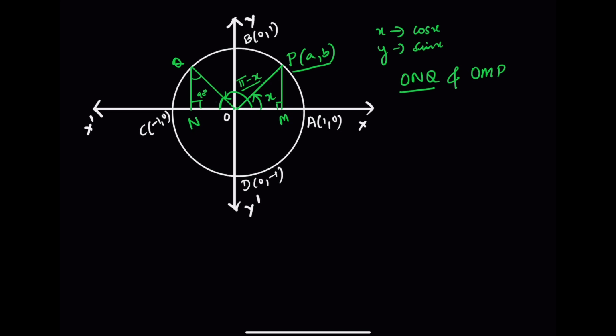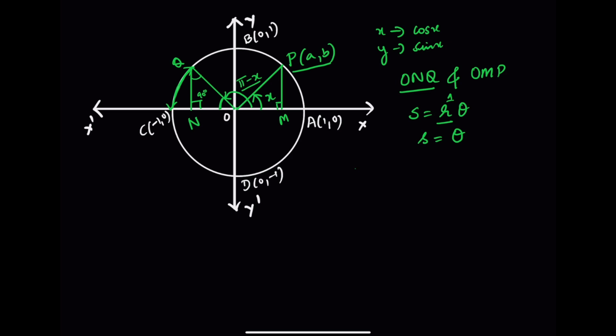So let's start with the angle formed at O. If we find the length of the arc QC, that itself is the angle formed at the center, because this is a unit circle, and by the formula s equals r theta, when r is equal to 1 unit, the length of the arc and the angle subtended are equal. So let's see what the value of QC would be.